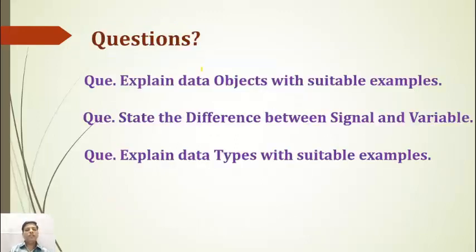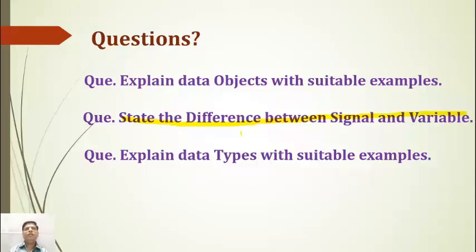So these are some questions related to the topic we are studying today. Question 1, explain data objects with suitable example. Question 2, state the difference between signal and variable.